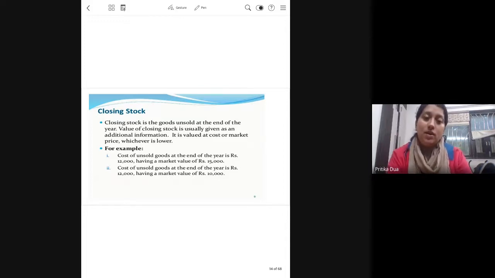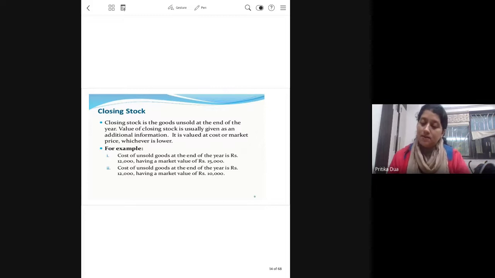However, the entries in the trial balance come at a single place. So now, closing stock is, in 99% of cases, given outside the trial balance, which means you need to record it at two places.